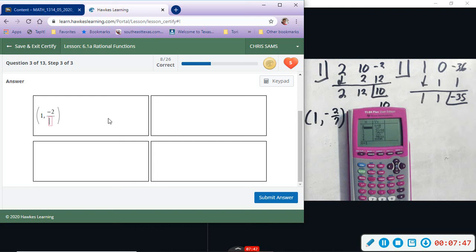Alright, so I'm going to pick points off this calculator. And then 2 is kind of hard to see. It's going to be negative 13 over 16, and then I'm going to do 3 and negative 46 over 27, and then I'm going to do 4 from this calculator, and that is negative 7 over 2.